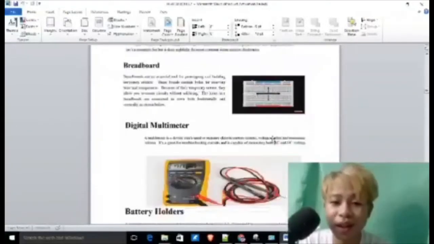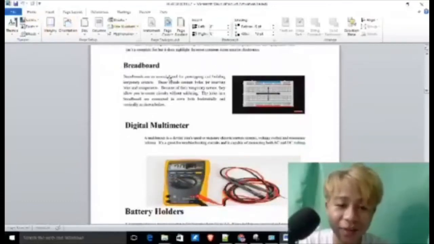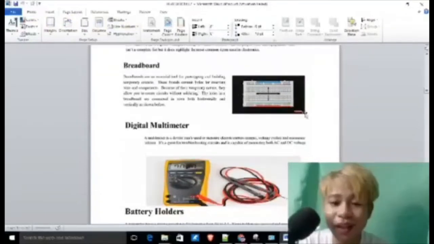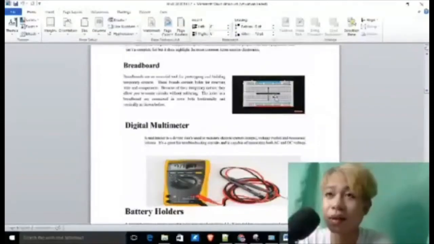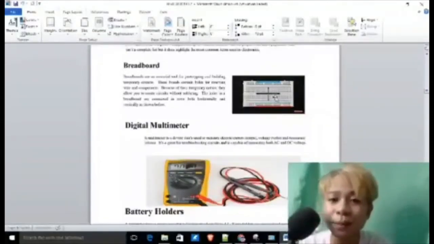This breadboard, when you see this picture without reading its name, I already knew that this is a breadboard, because I saw this before online, in our Facebook group chat.